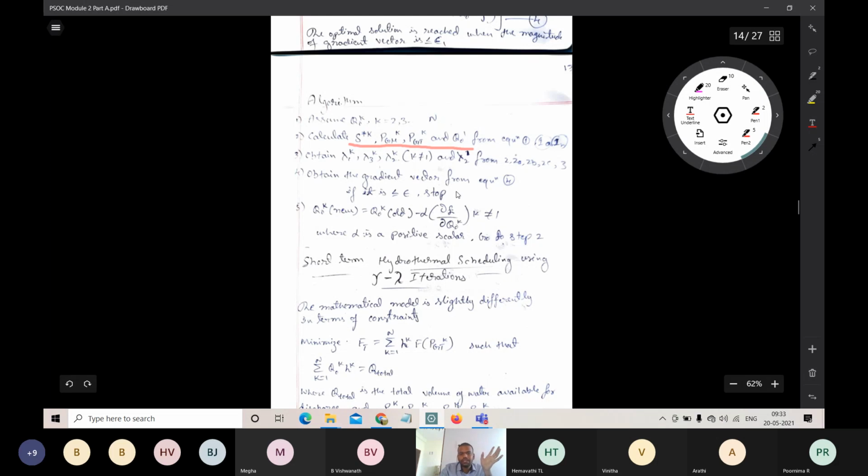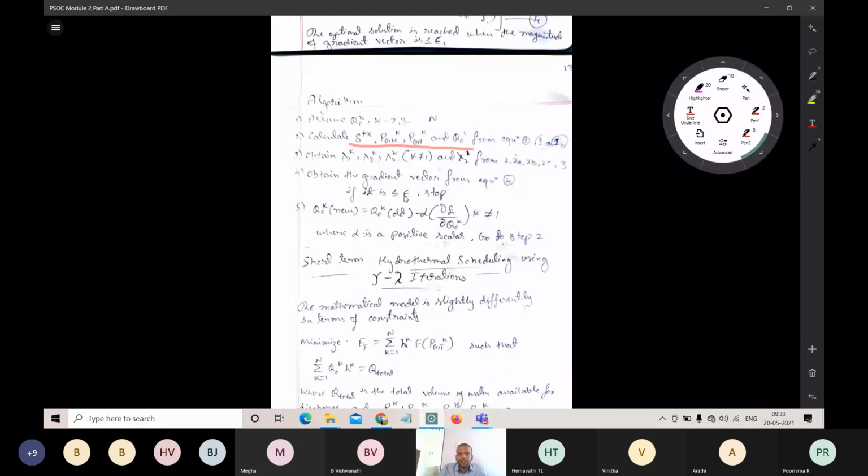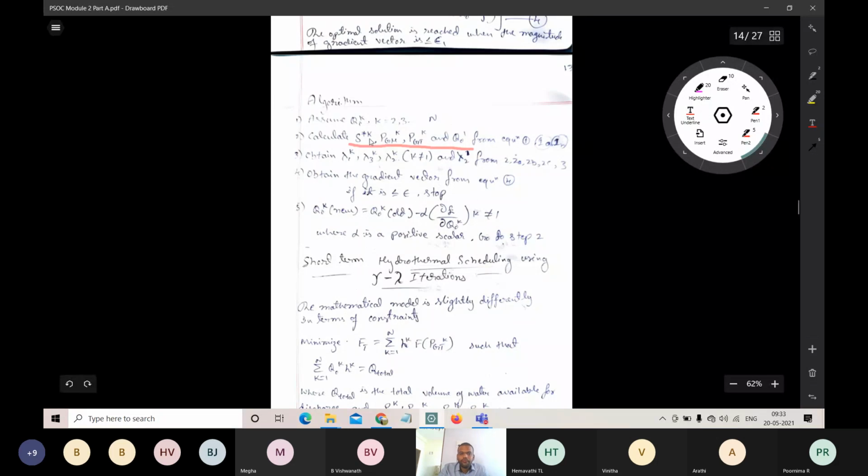We need to solve the problems till we satisfy the summation being less than or equal to the gradient vector. Till then we have to follow this procedure, and we stop only when this equation is satisfied. That is Q naught K nu.